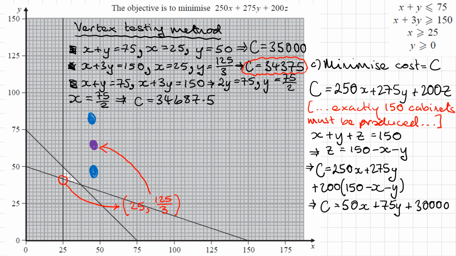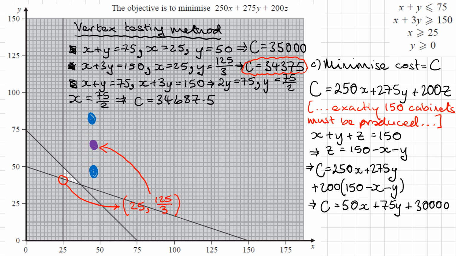Now if this purple dot represents this point 25, 125 over 3, we're fine in terms of the x coordinate. That's an integer value, so we don't need to look across from that, but we do need to look up or down because it's 125 over 3, which is basically 41 and 2/3. We need to look at the integer solutions either side.